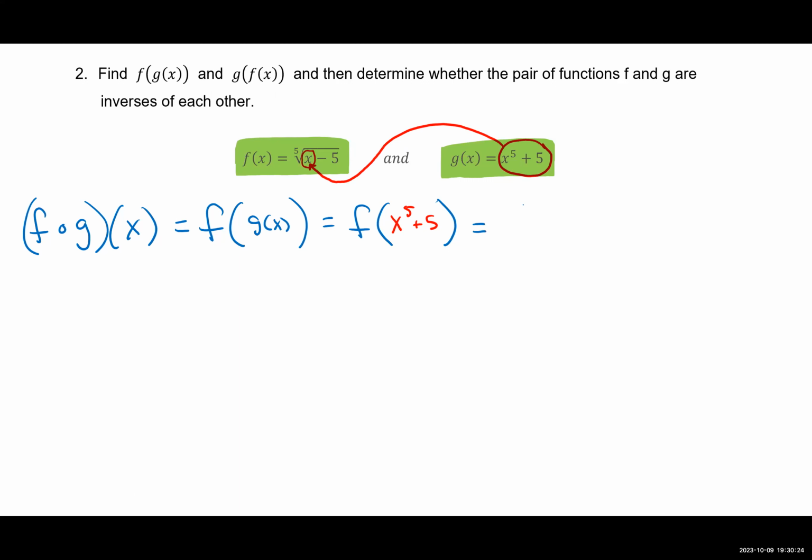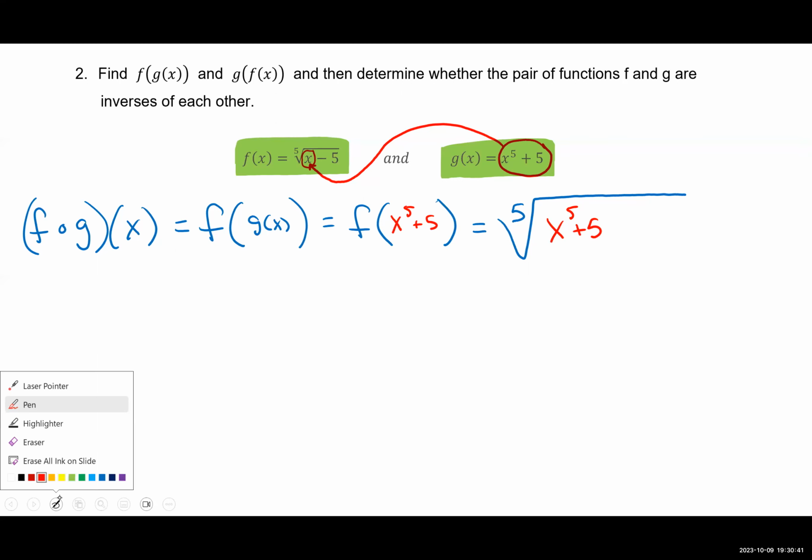Okay, so that is the 5th root of the g of x function, minus 5. So replace the x with an x to the 5th minus 5.